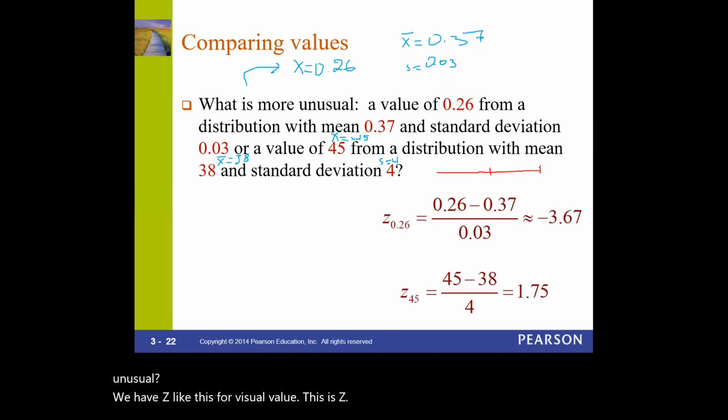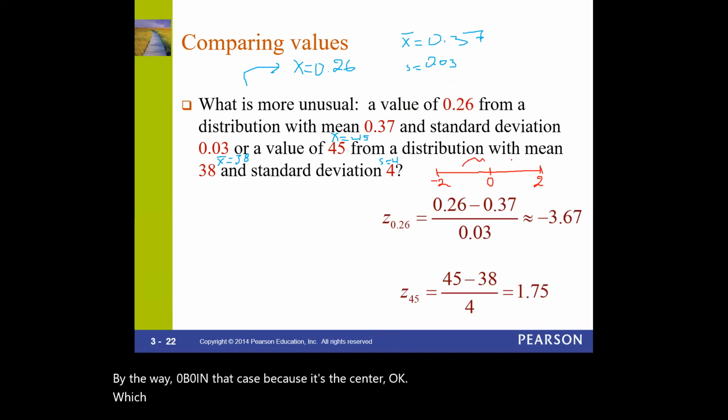Then you have positive 2 and negative 2. By the way, z will be 0 in that case because it's the center. So which value is usual? Is it negative 3.67 or 1.75? It should fall in that range for the z.